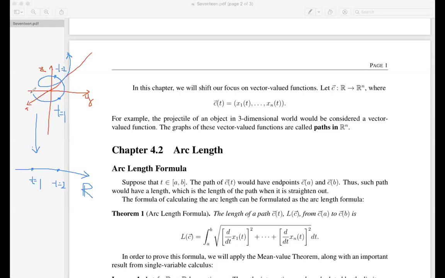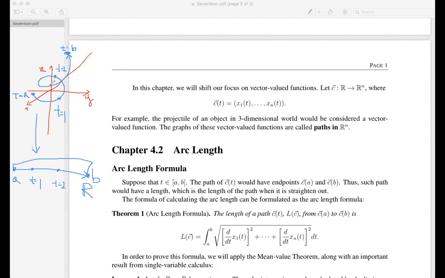If you have an endpoint here and an endpoint here, this would be a closed segment in R, like a closed interval, so it would have a certain length.